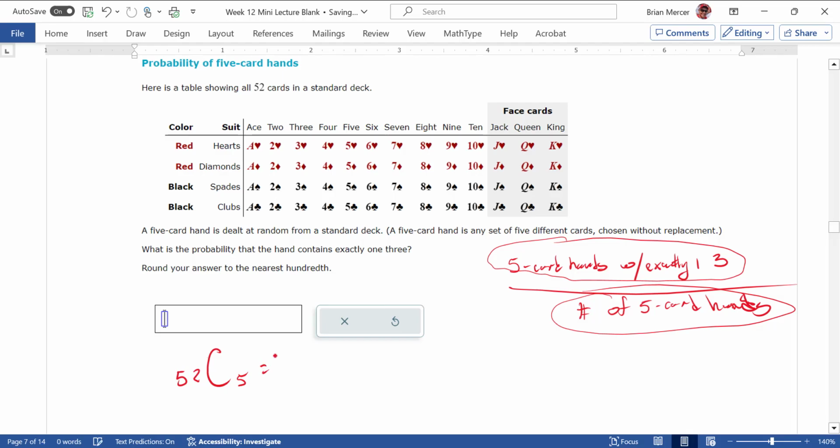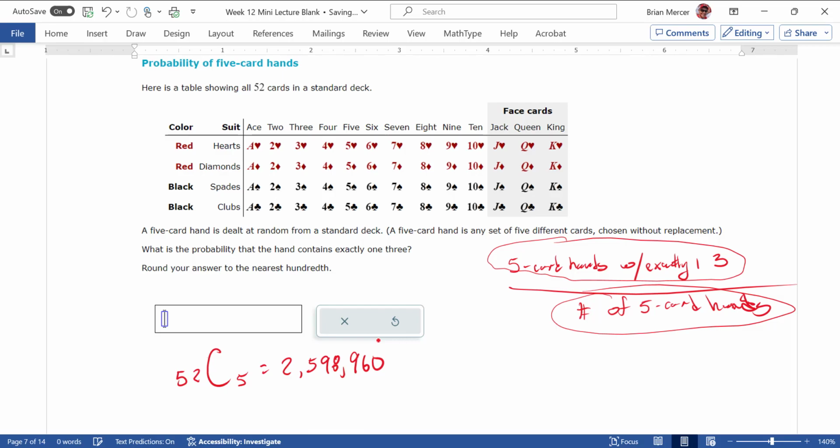So if you do 52C5 and crunch that out with your calculator, that is 2 million, and a lot of poker players have this number memorized, 598,960. So that's how many 5-card hands there are that can be dealt from a standard deck of cards.